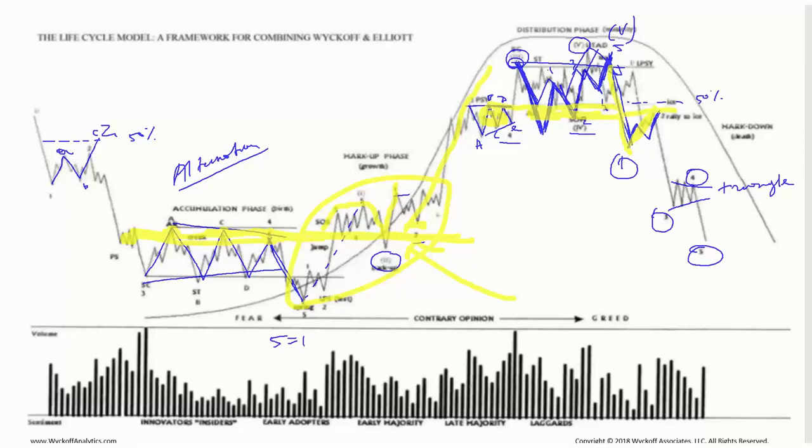All right, Jeff, let's quickly talk about the conclusion of the uptrend and characteristics of the distributional phase. What specific characteristics for the ending?